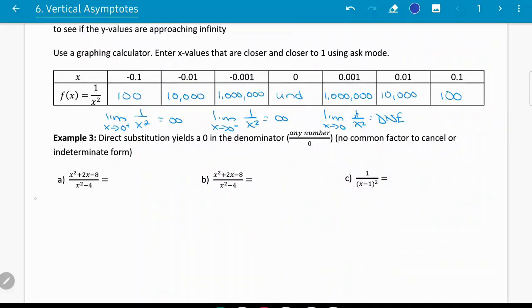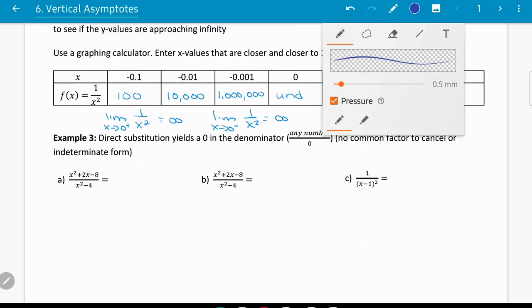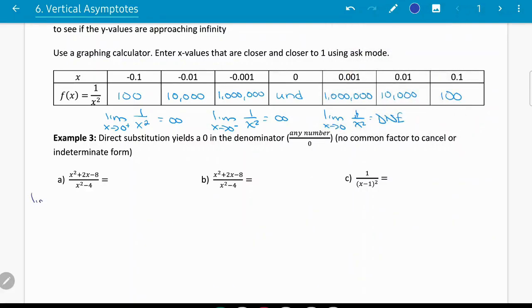Okay, so beginning with example 3, first of all, I apologize. There's supposed to be some limit notation in here that somehow didn't stay. So this is the limit as x approaches negative 2 from the left of x squared plus 2x minus 8 over x squared minus 4.